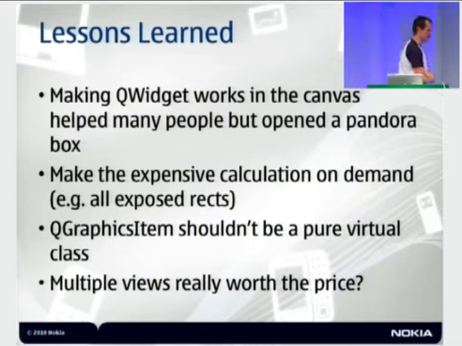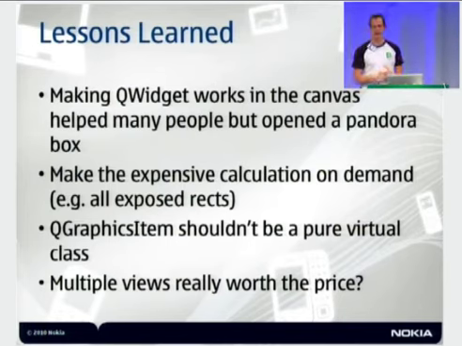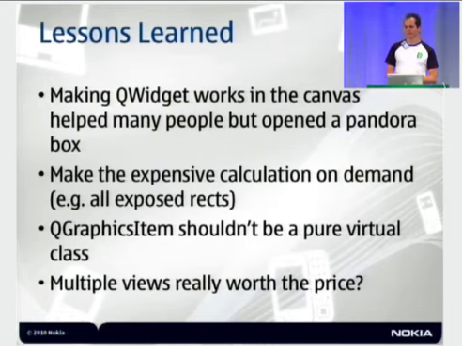Also, what we learned is about expensive calculations. For instance, when the paint function gets called, you can ask for the expose rect of the item, the dirty areas pretty much. It was a bad idea to always compute this expose rect, because in many cases in users' code, they don't use it.